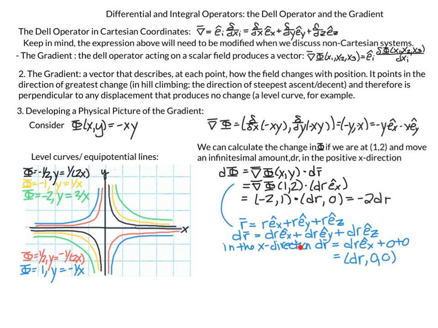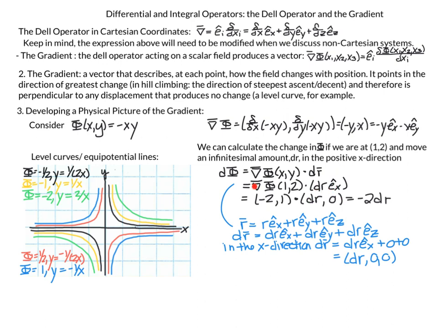If we're only in the x direction, that means the y and z components are 0. So we get dr e_x plus 0, and then written out in Cartesian coordinates, that's just (dr, 0, 0). And if we're in 2 dimensions, that means we have (dr, 0). And that's what we have over here, (dr, 0).